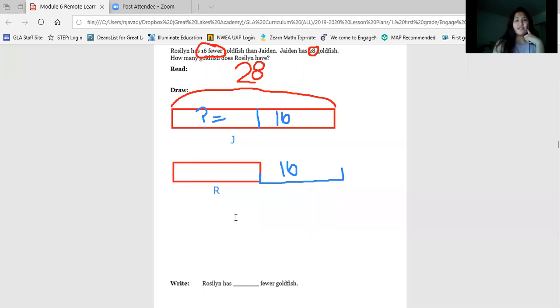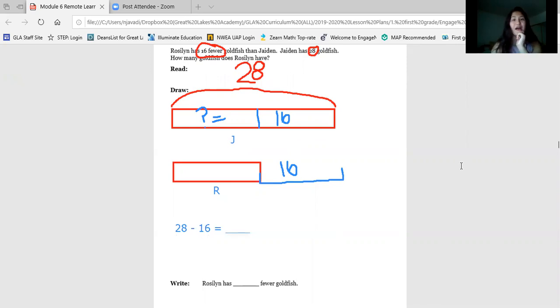So I'm going to start with my total that Jaden has, which is 28. I already know that one of Jaden's parts is 16, so I can take away 16. Now I need to find what happens after we take away 16.